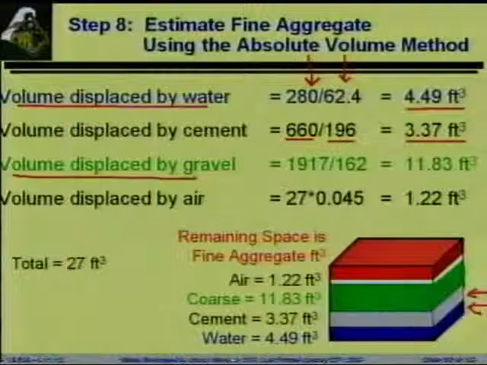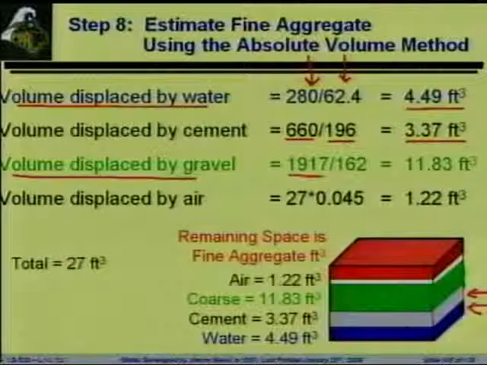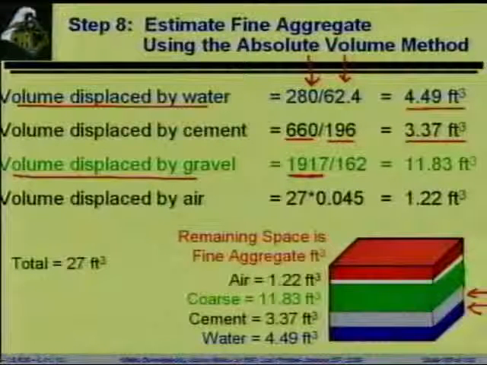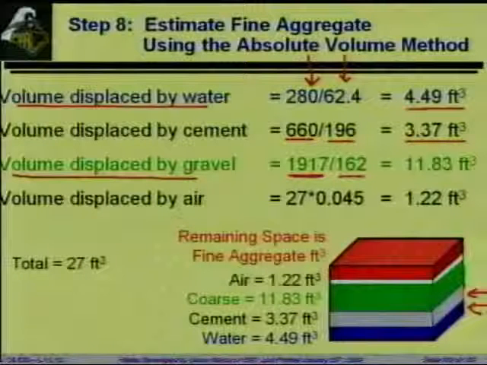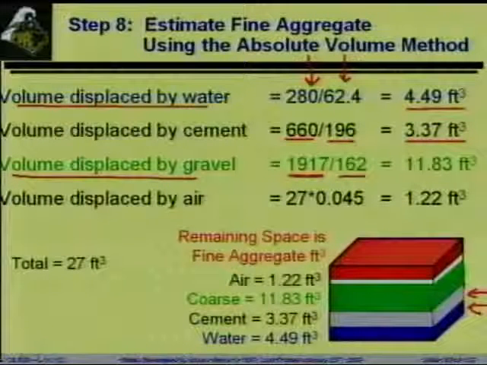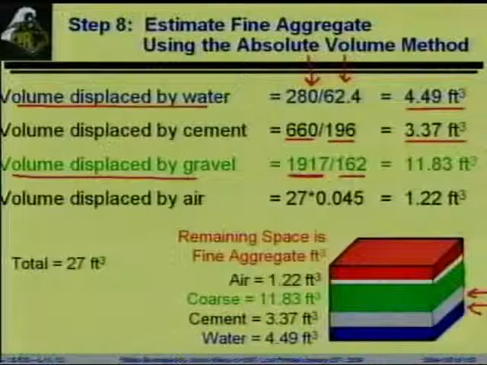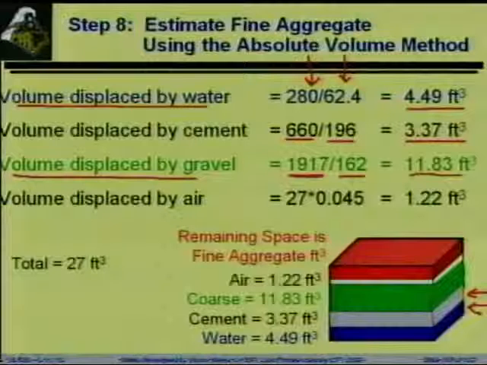That incorporated the other space, the pore space between the aggregates. Here we're going to take the weight of our aggregates, our 1,917 pounds, and divide it using the actual specific gravity of the aggregate itself. So here we're just looking at the real volume of the aggregate itself, the solid volume of the aggregate, and we're going to come up with 11.83 cubic feet.